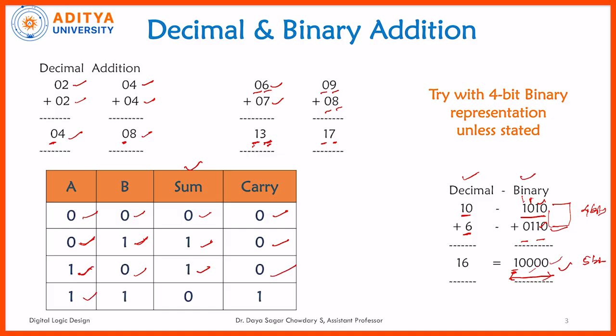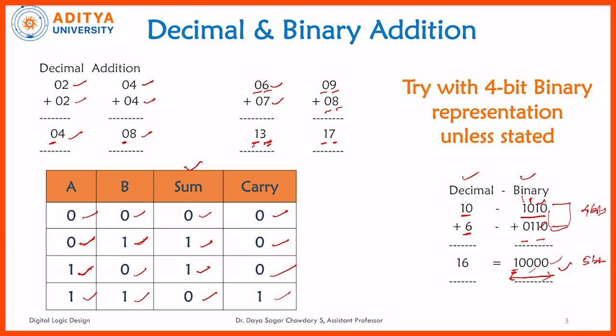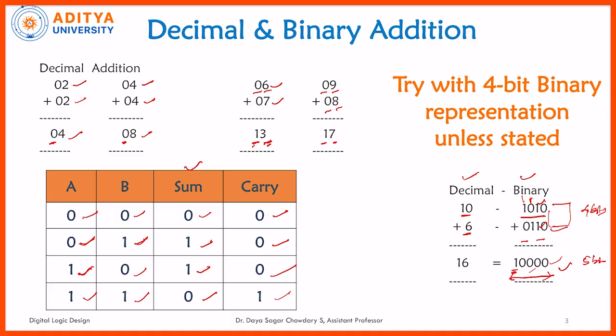If the two inputs are high, 1 and 1, the sum is 0 and the carry is 1. With the help of this simple truth table, we can perform this operation. We will work with the 4-bit representation unless stated otherwise. That means if any question is not clearly specified, we can follow the 4-bit representation.